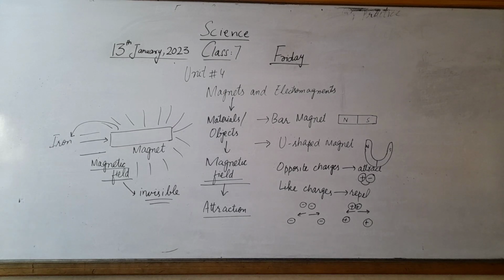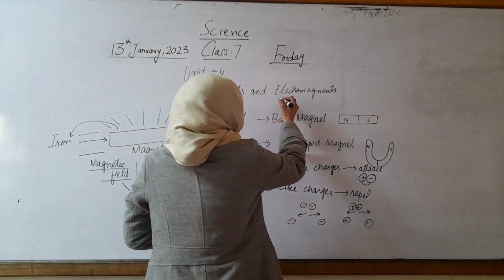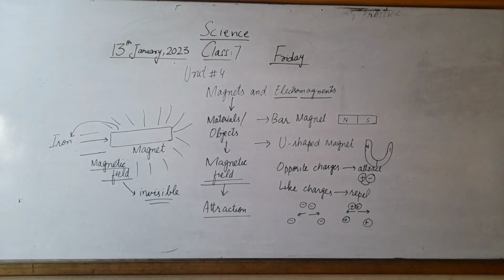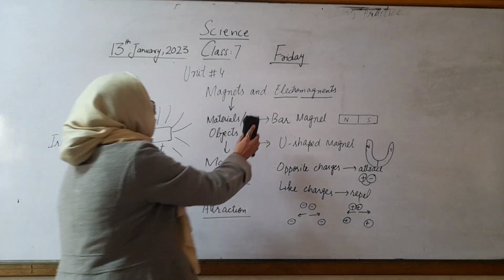Now, another term of this chapter is electromagnet. The word electromagnet is derived from two words, electro and magnet.